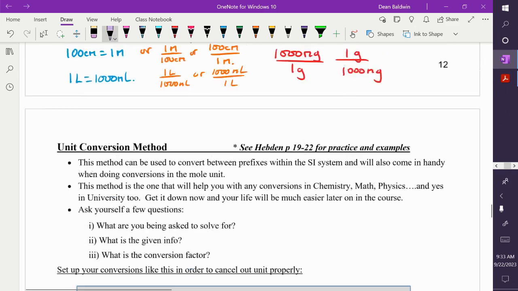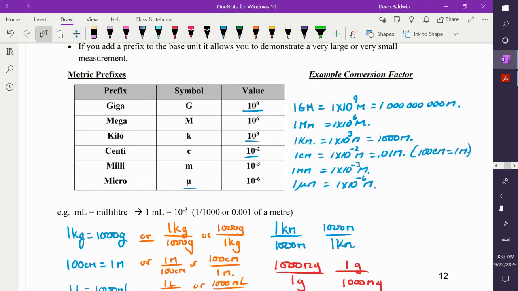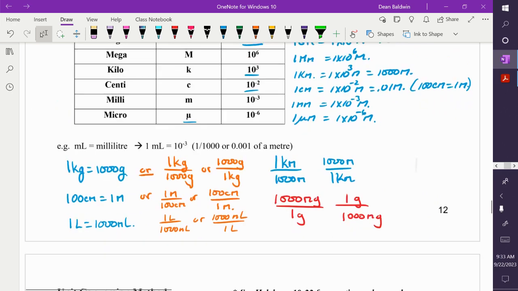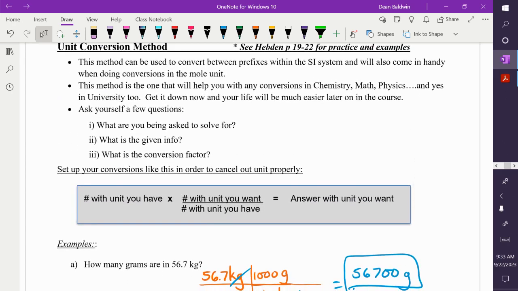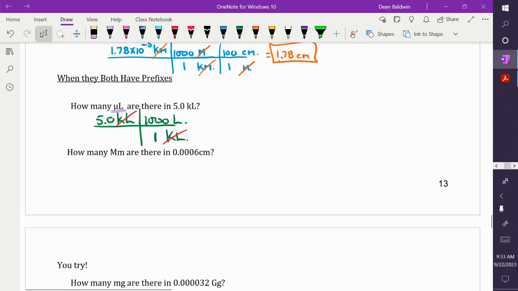Micro. So if you go back to this table here, micro is 10 to the minus 6. Okay, micro is small. All right. So 1 microliter is how many liters?